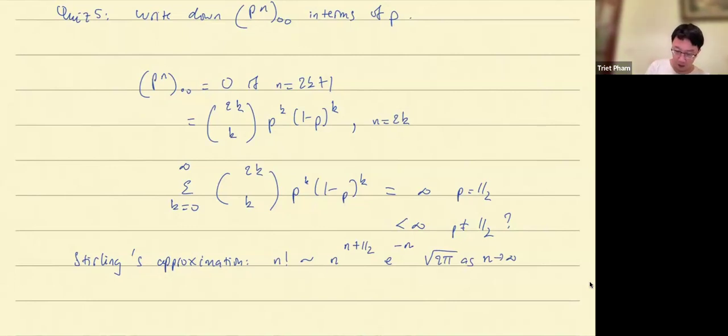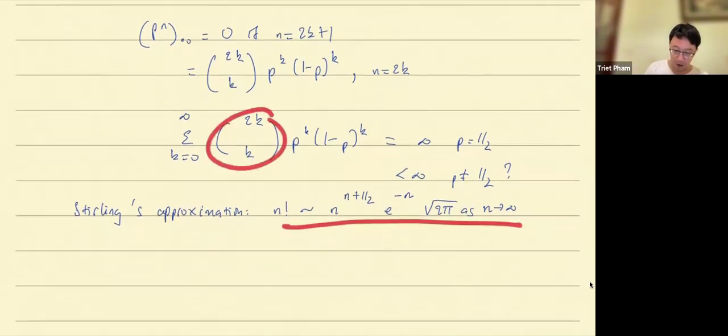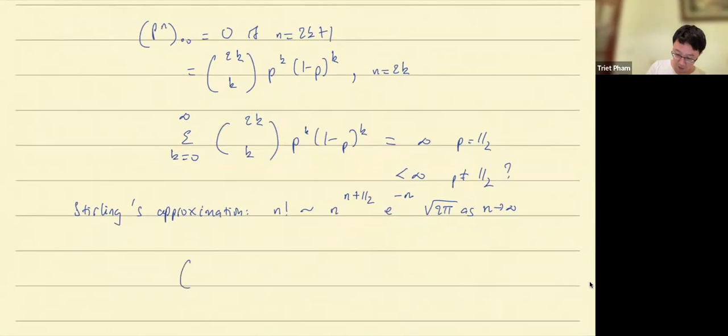So, we have k factorial here. What does that mean? Here we have 2k factorial divided by k factorial squared. So by Stirling's approximation, that's approximately 2k raised to 2k plus a half, e to the minus 2k.